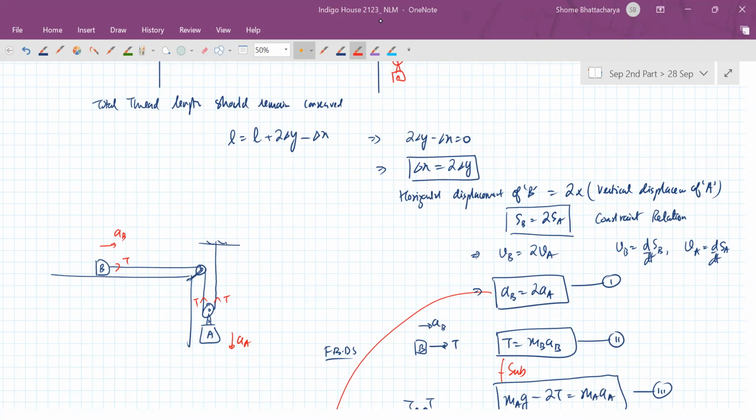Noted it. So can you scroll a little bit down?